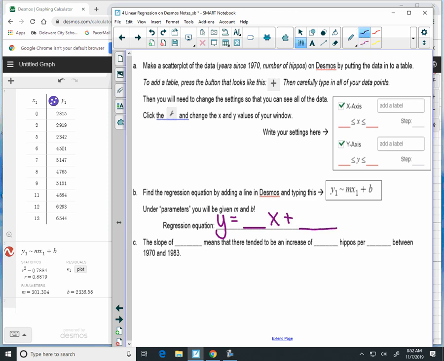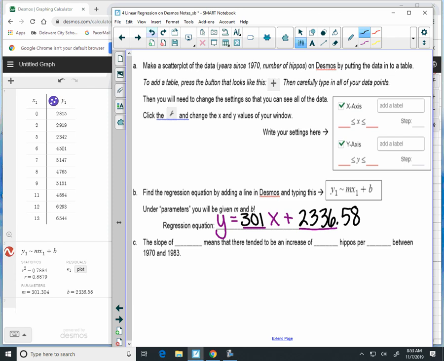And it gave us 301.304. I'm just going to use 301. And 2336.58. Awesome. There's your linear regression equation.